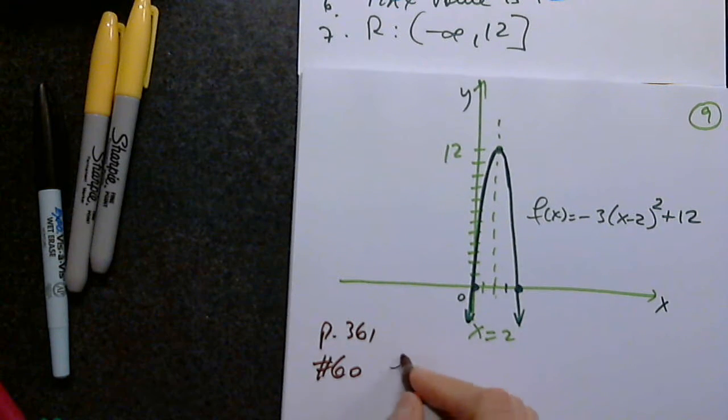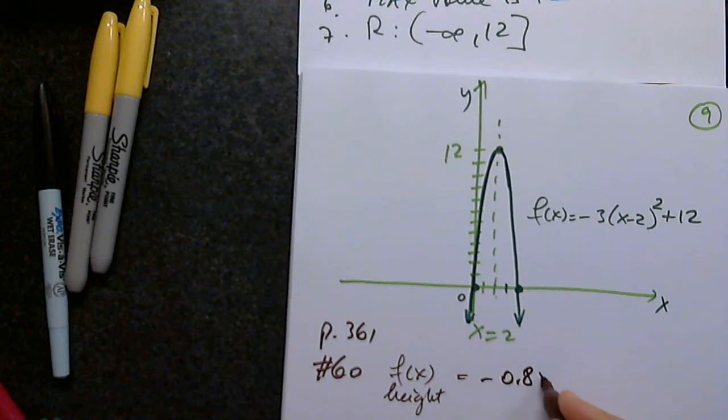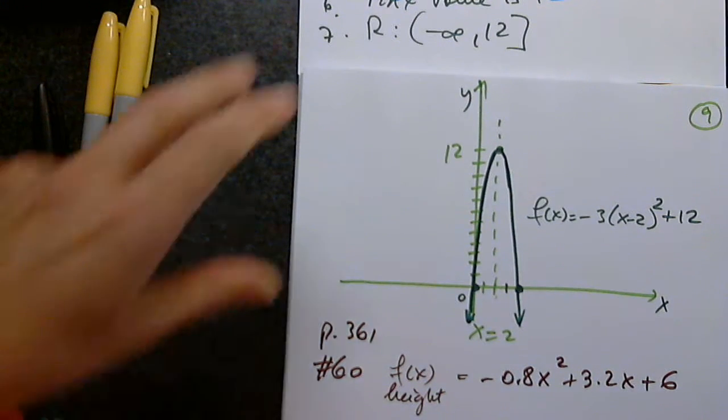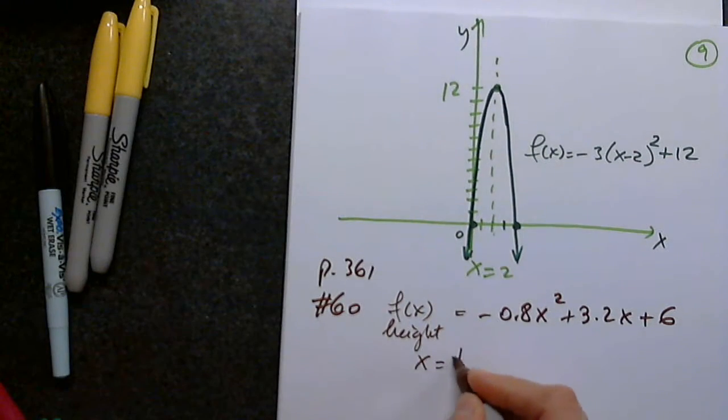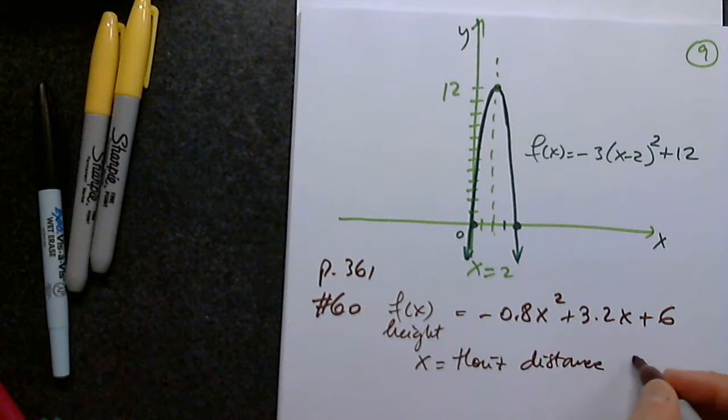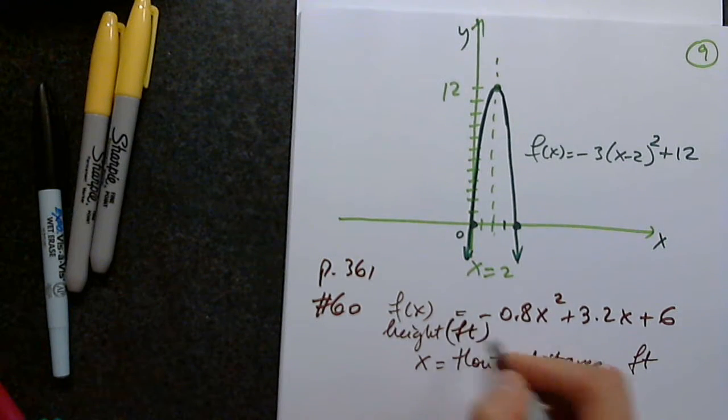The height of the ball, f of x, is negative 0.8 x squared plus 3.2x plus 6, where x is the ball's horizontal distance in feet. So this is the height, and x is the horizontal distance in feet. Both are in feet.